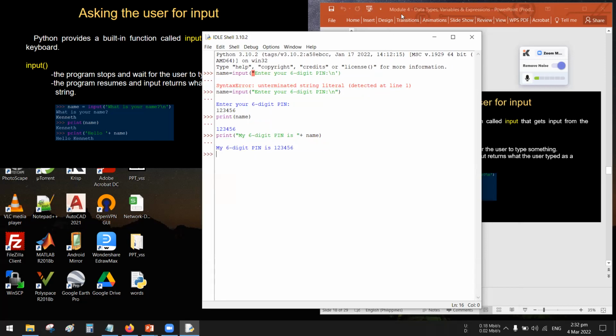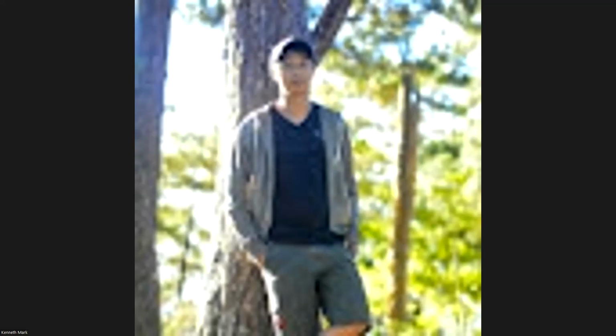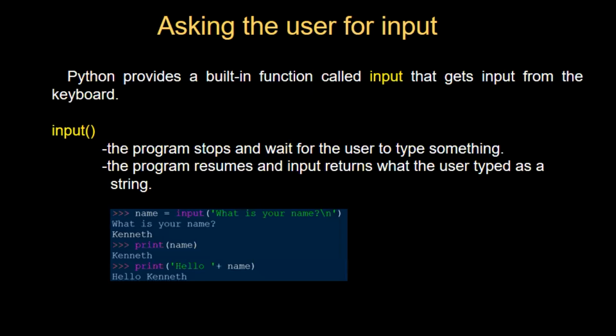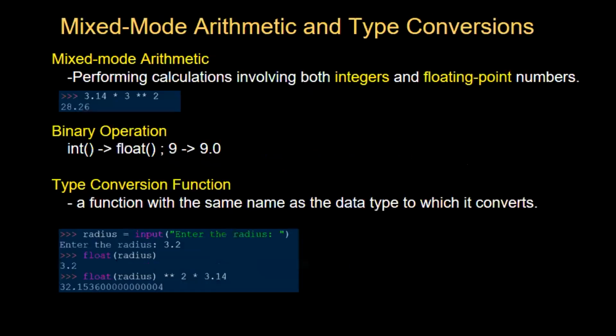I will reshare my slide again, and I hope you get the point. You also have mixed mode arithmetic and type conversions. Mixed mode arithmetic is performing calculations involving both integers and floating points.